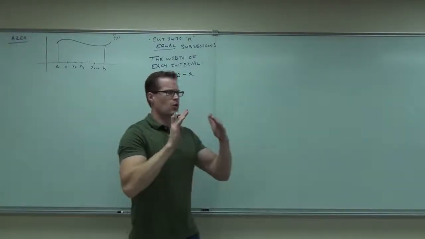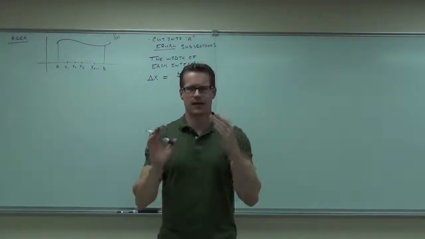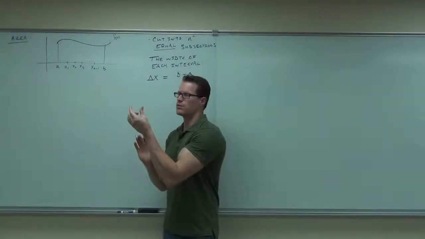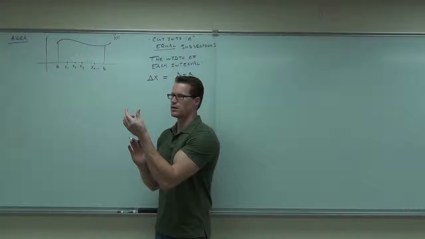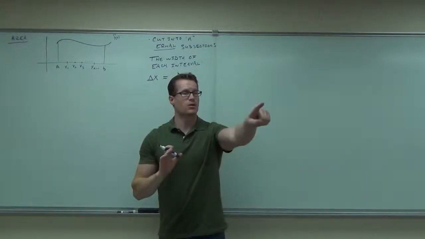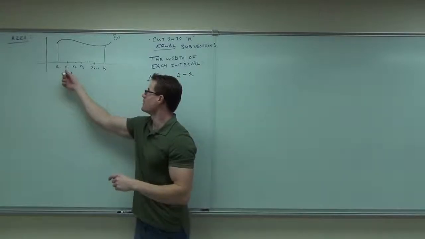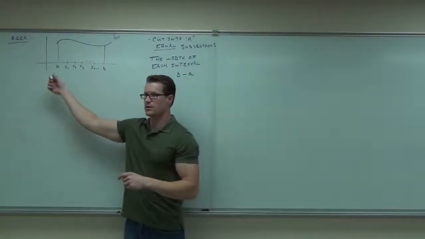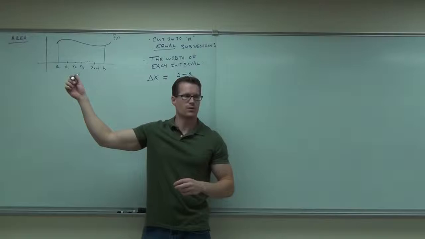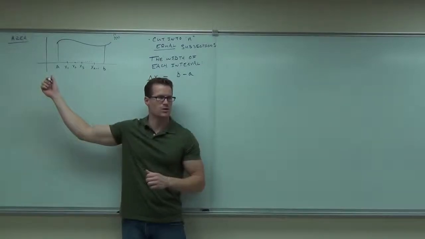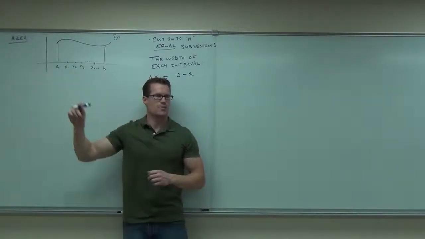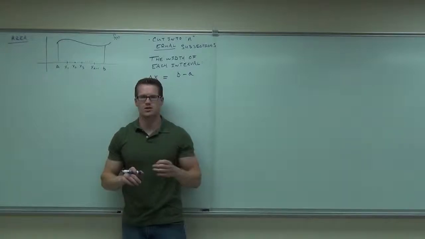Now, if that's the overall length, how do we find the length of each little interval? Divide by the number of subsections. Can you tell me how many subsections I have here? I don't have infinite. This is a finite number of cuts, n minus 1. Remember we just talked about bread?